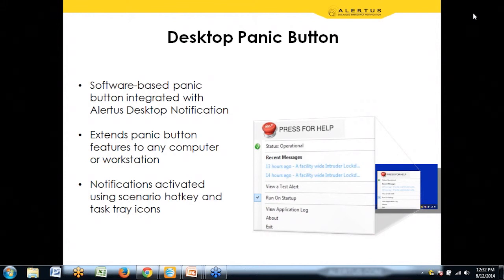When that's activated, you can control who gets notified, what the message is, and that cascades through your organization. So it's a software-based panic button that activates those key scenarios.